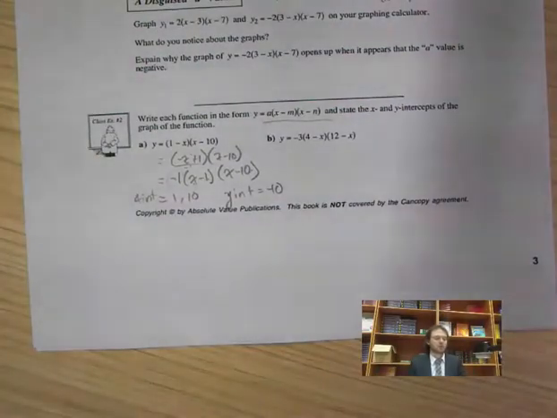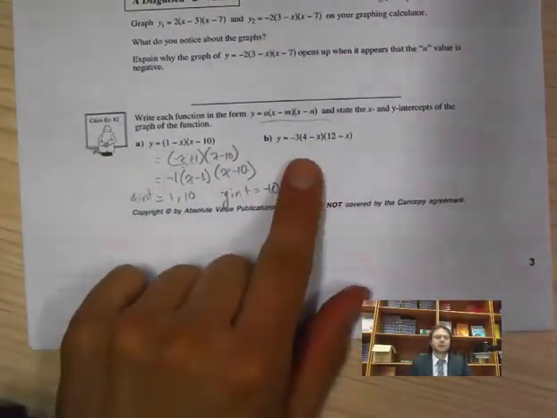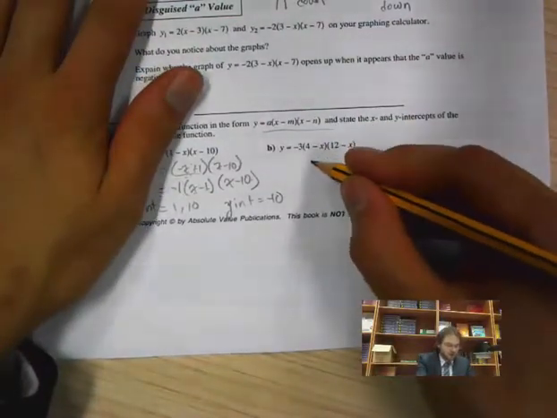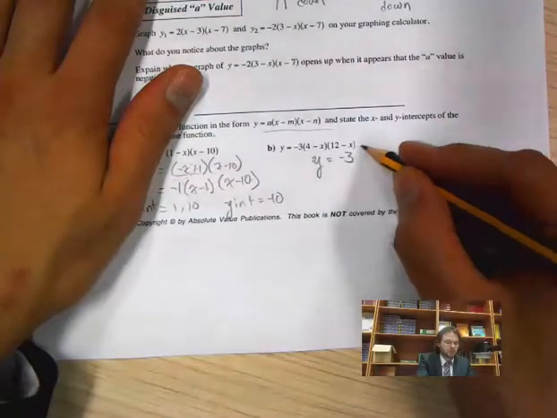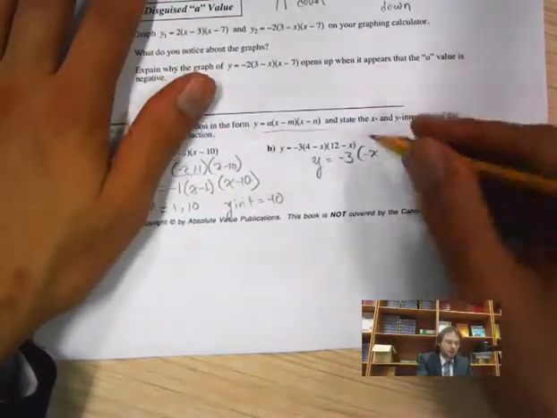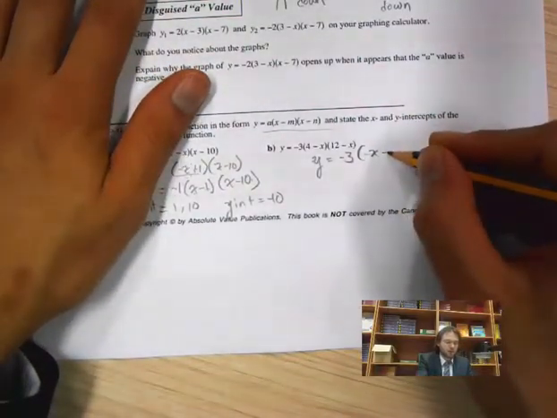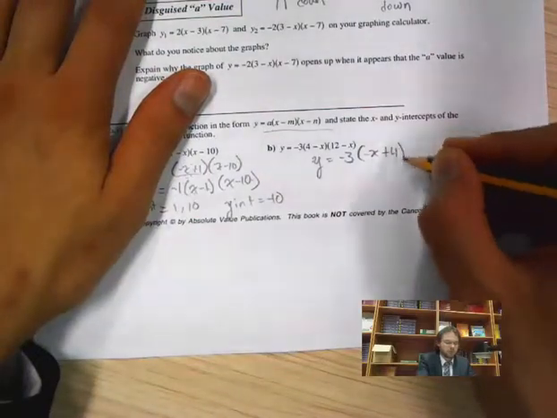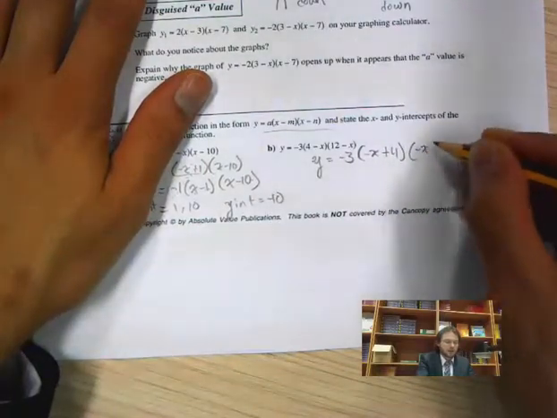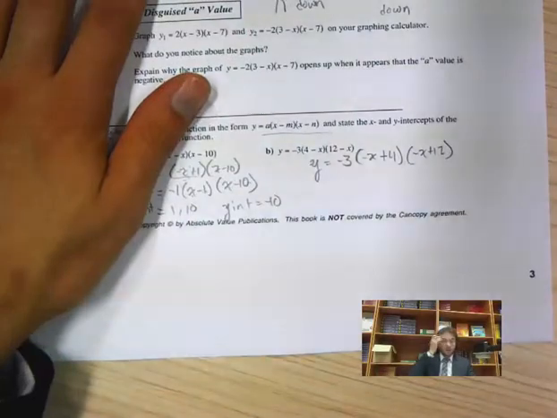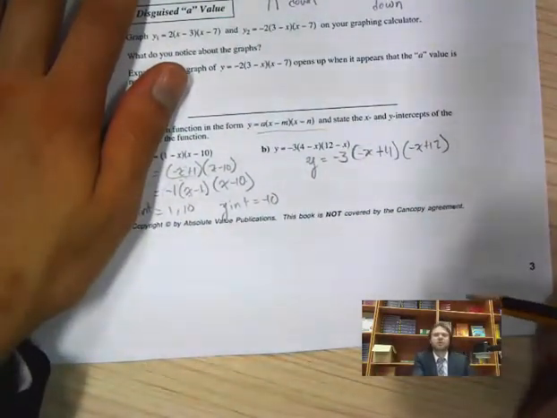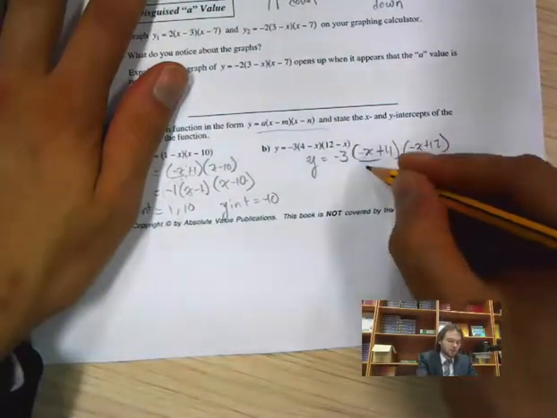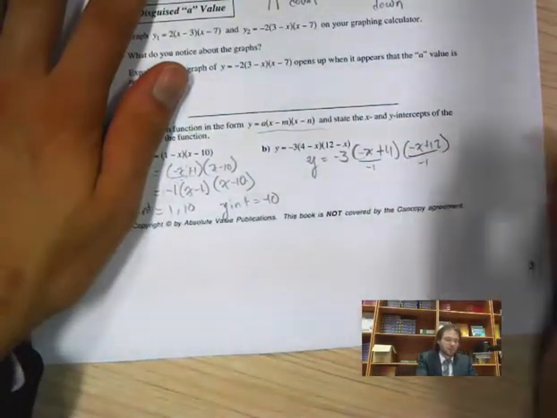That's all it wants us to do. So let's take a look at this next one here. We have the same idea. We have y is equal to negative 3, and I want my x to be first. So negative x, and I have plus 4, and negative x plus 12. Well, I look at this here, I don't like this negative in front, so what am I going to do? I'm going to divide all of this by negative 1.